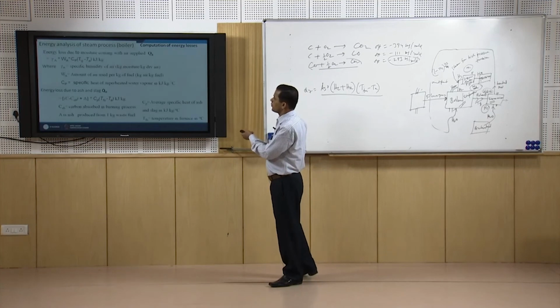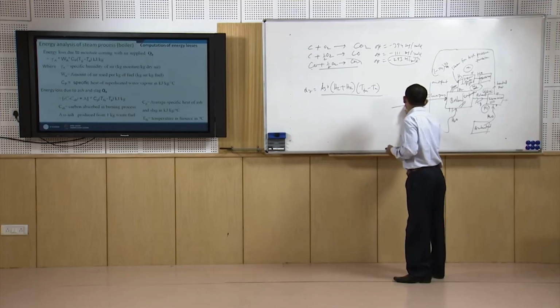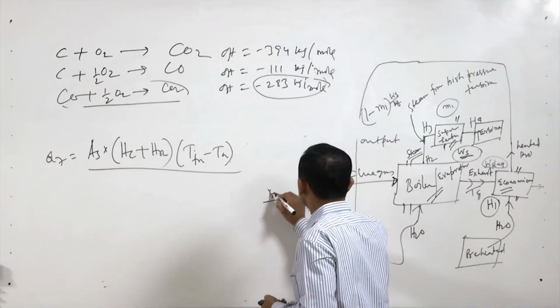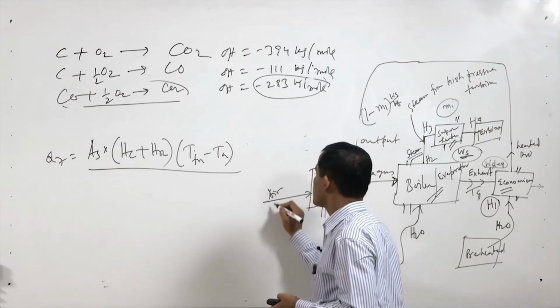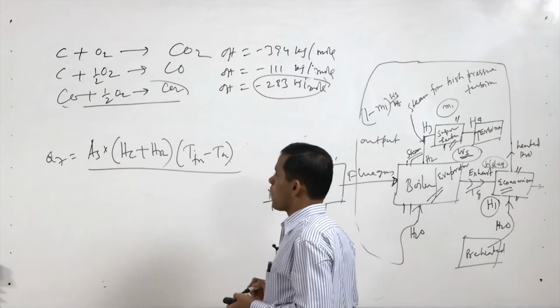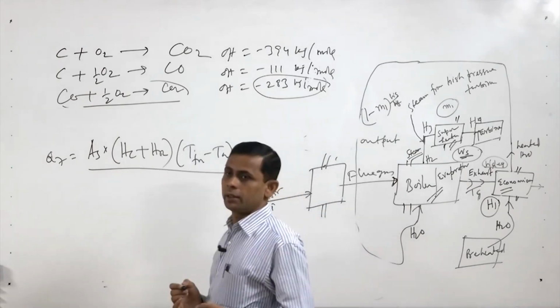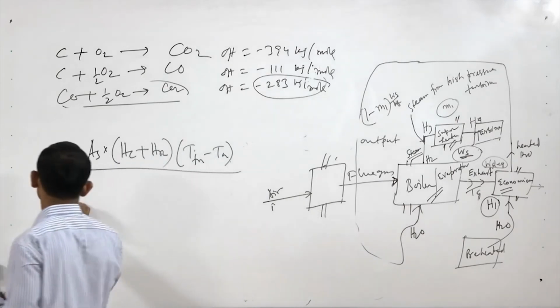Next we will see the energy loss due to moisture coming with the air supplied. We are providing air for the combustion, and it may contain some amount of water. That moisture can be determined on the basis of the humidity of the air.